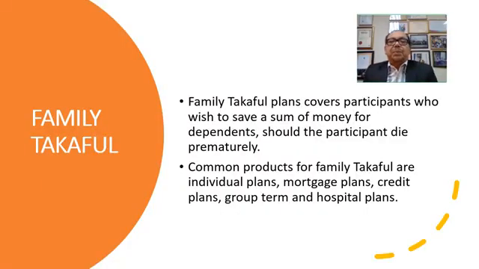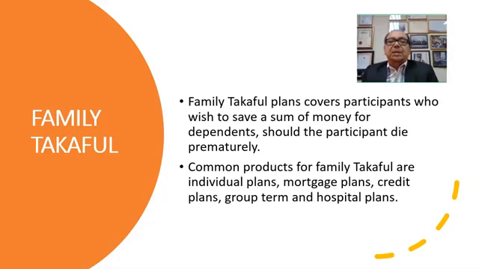Family takaful plans cover participants who wish to save money for dependents should the participant die prematurely. So the same is just now I said, for example, for the house. If I buy, or your father buys, a house for 100,000 for 25 years, after 10 years he paid 50,000. So when he dies, the insurance will pay off the other 50,000.